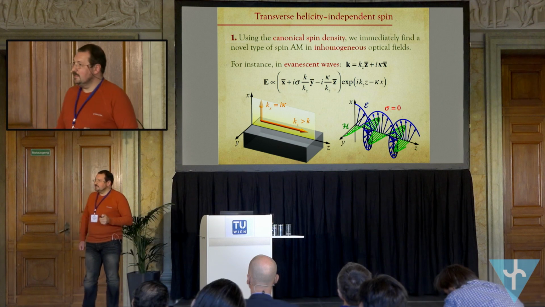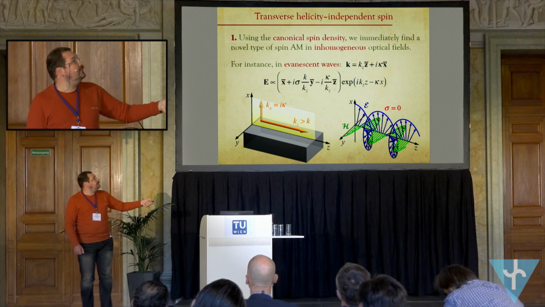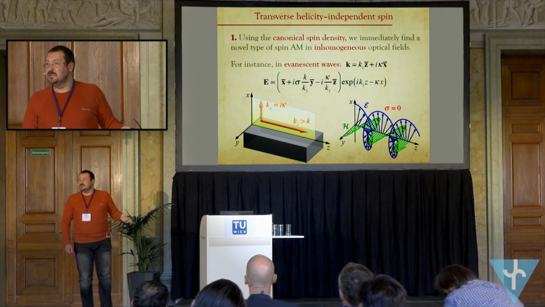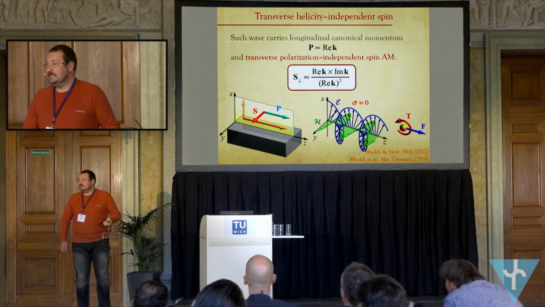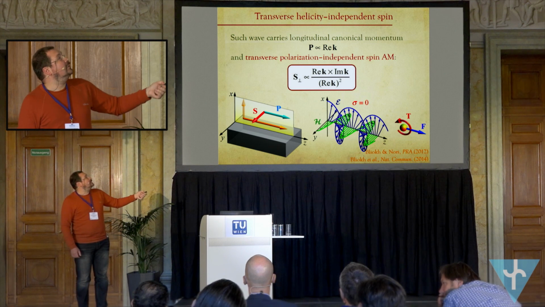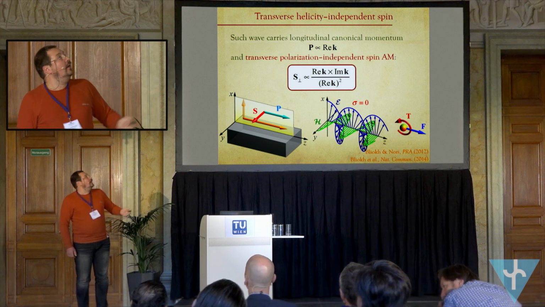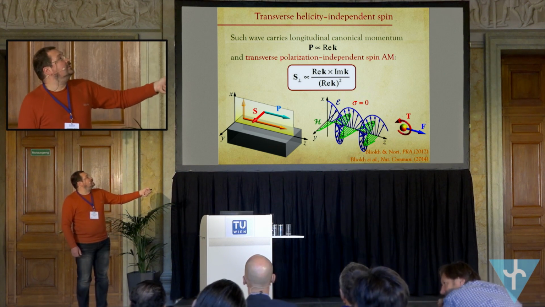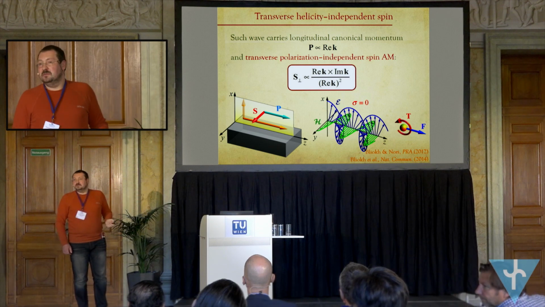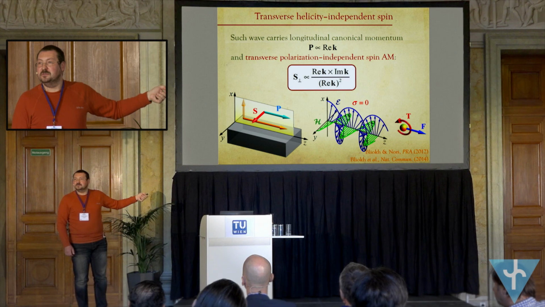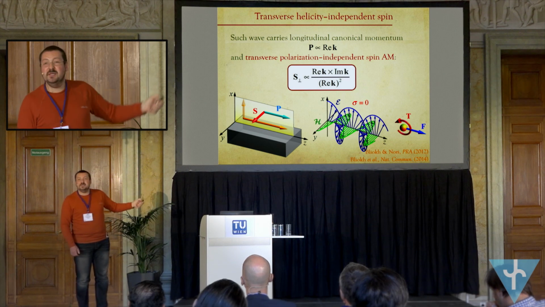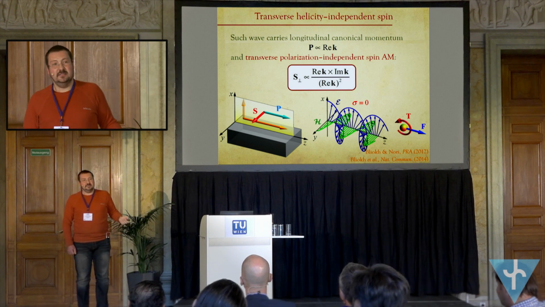So even without helicity, inhomogeneous field has some rotations, and therefore should have some angular momentum. And indeed, if we calculate the local expectation value of the spin, we find non-zero spin in the transverse direction, spin which is orthogonal to the k vector of photons. This is something new, and spin which is independent of the helicity of photons.